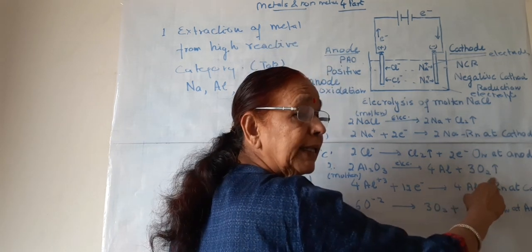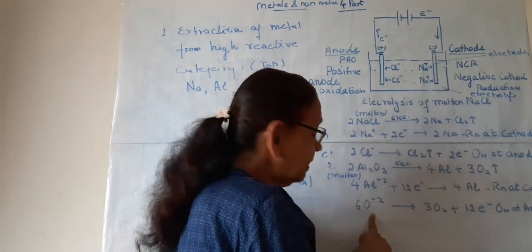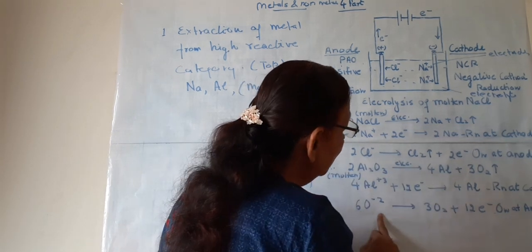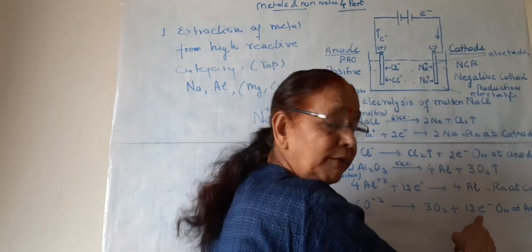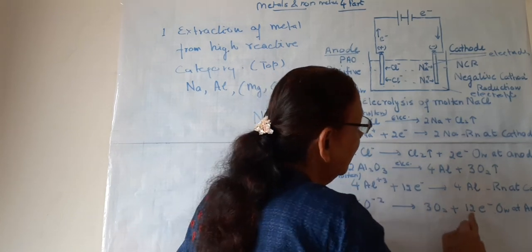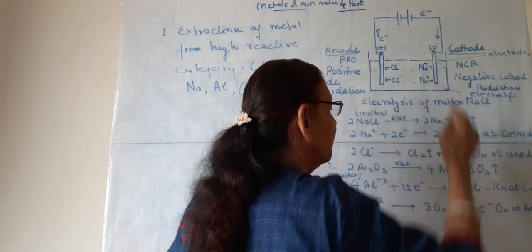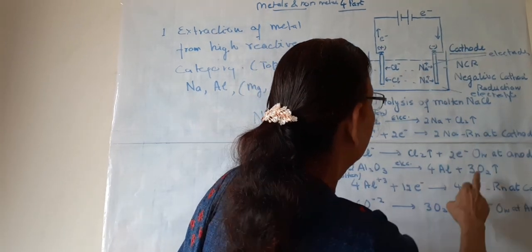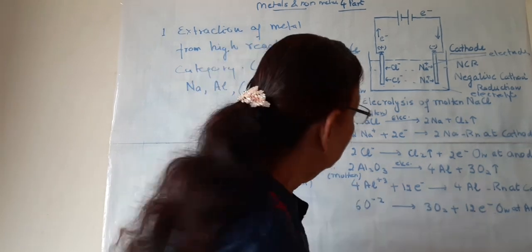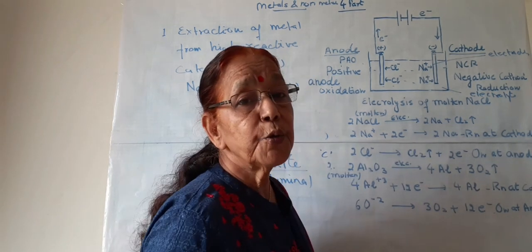If we want 3 molecules of oxygen, then 6 atoms of oxygen are needed, with valency 2. So these lose 12 electrons and form 3 molecules of oxygen, and these 12 electrons are gained at the cathode.